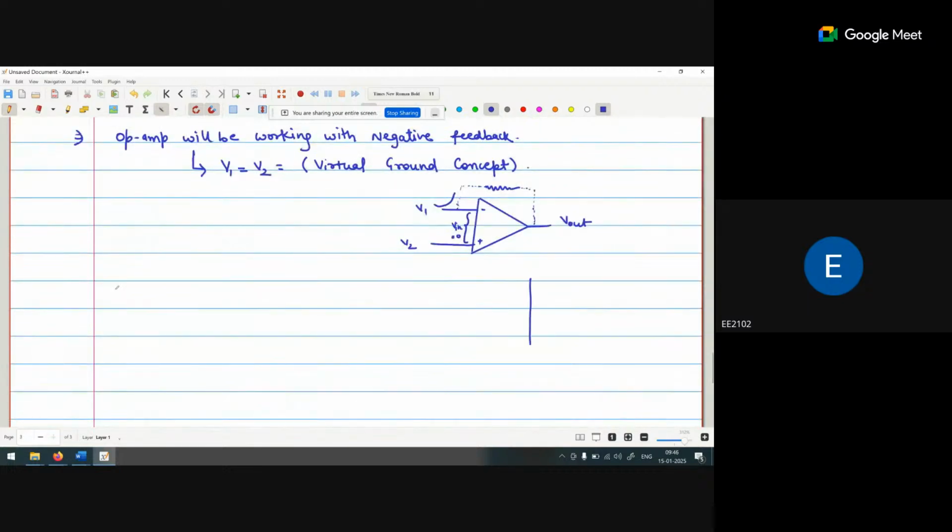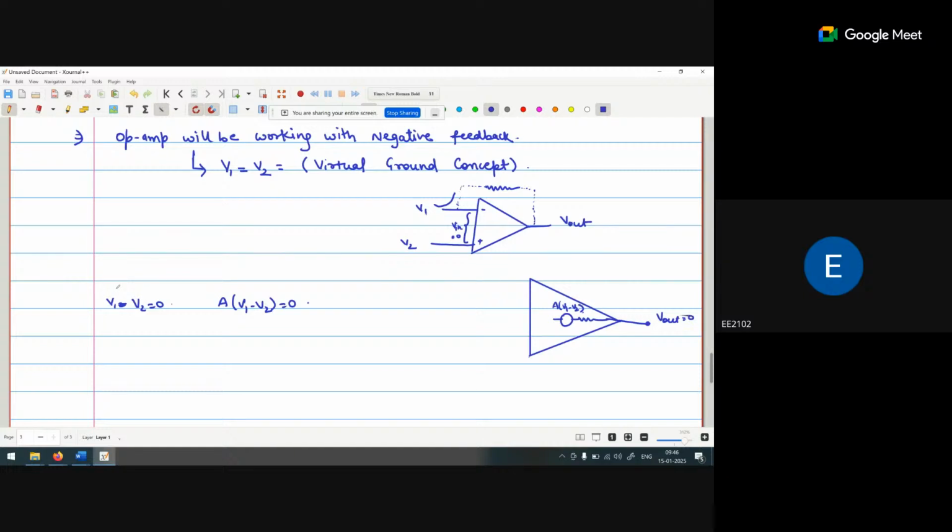This is my internal circuit. The voltage is A times V1 minus V2. So if V1 minus V2 is 0, then A times V1 minus V2 is also 0, either because the gain is infinite or otherwise. So if this voltage is 0, you are getting output V out as 0.